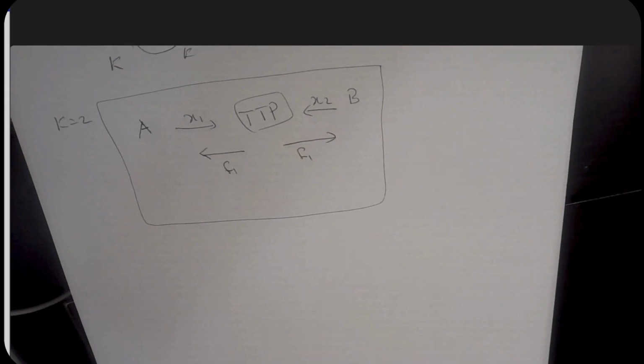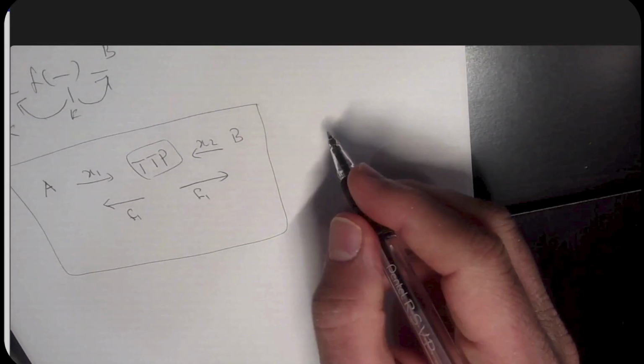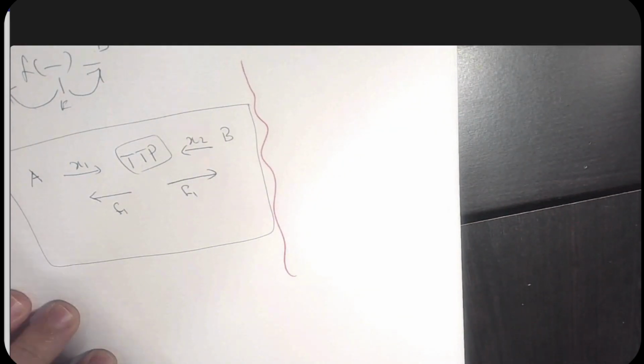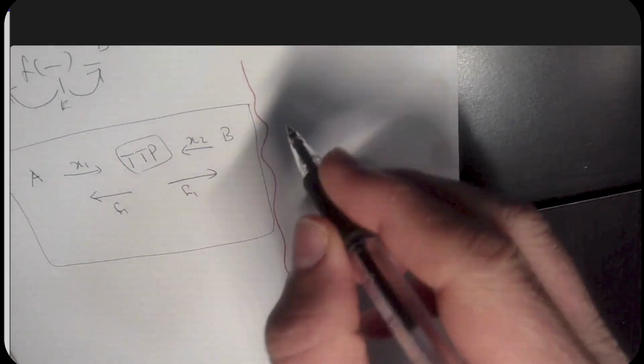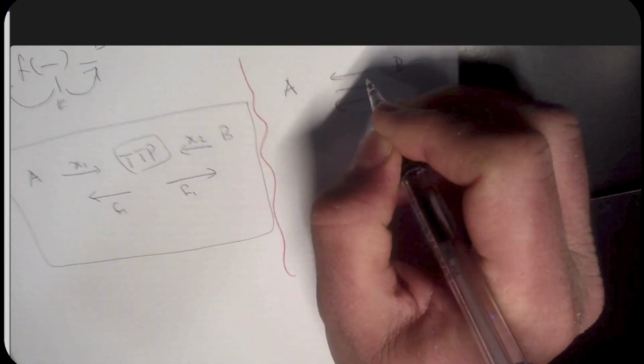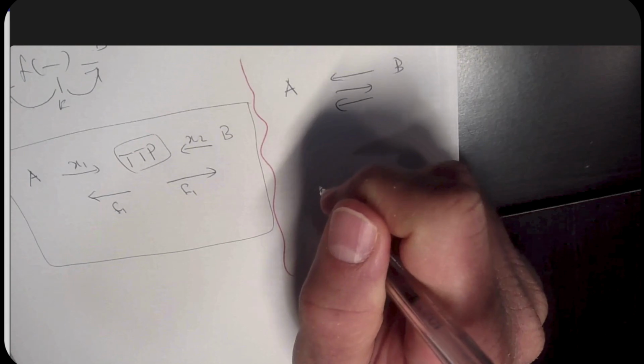In this case, I will draw this one here because I need to use both of them later, so I will separate them. Here, in the definition of secure multi-party computation, we have A and B, and both of them interact with each other through a protocol, right? That's the secure multi-party computation.